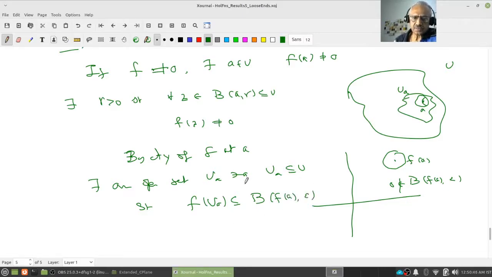Now since U_a is an open set containing a, there is an R such that B(a,R) is contained in U_a. Now if I take a z, then f(z) will belong to f(U_a), and hence to this set, therefore f(z) is not equal to 0.